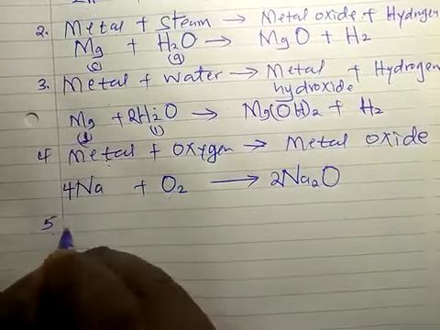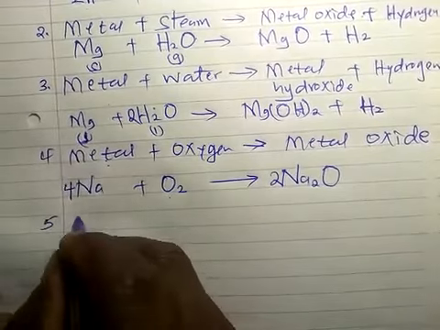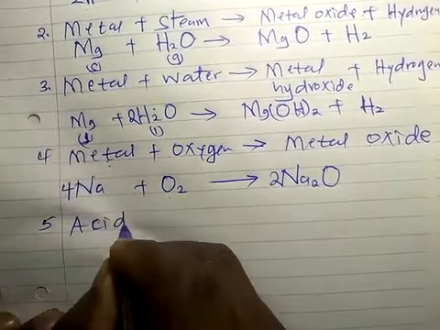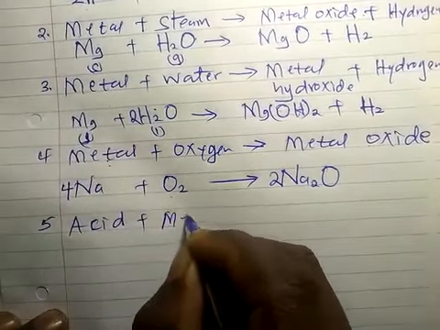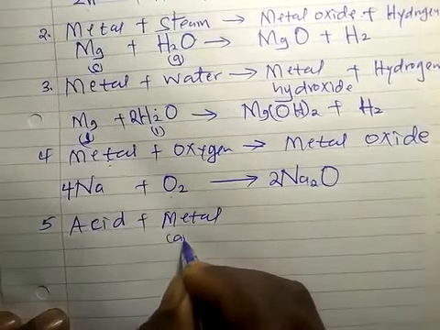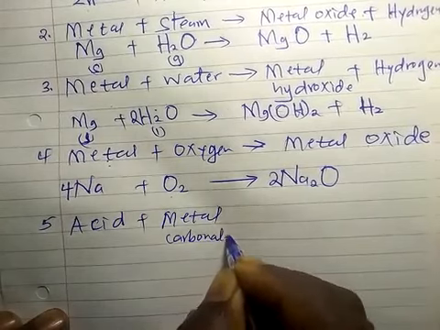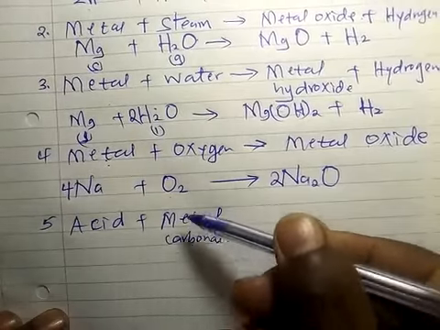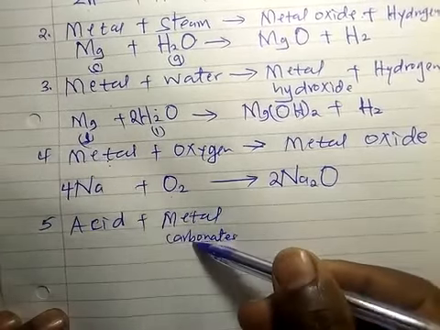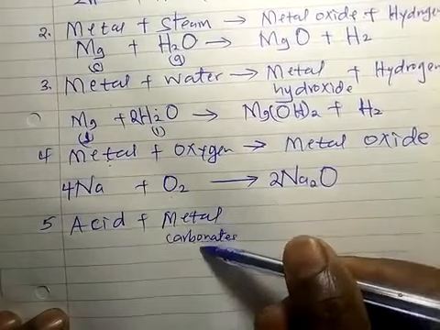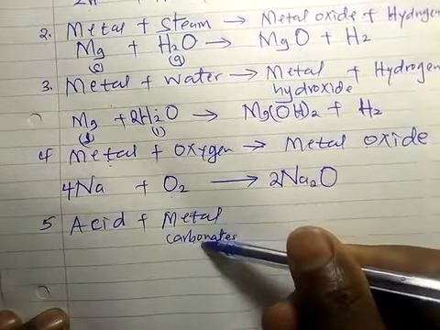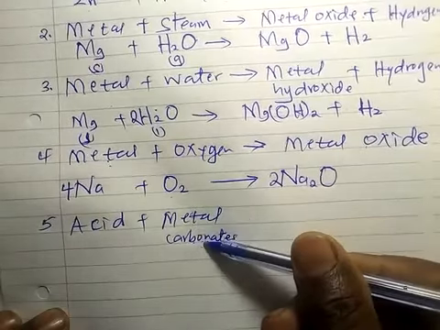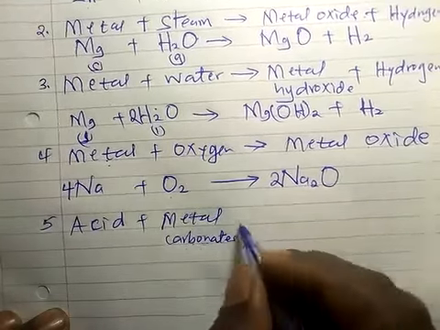Number five, you should know that an acid plus metal carbonates. A metal carbonate, an example is zinc carbonate, sodium carbonate, magnesium carbonate. That's what we call metal carbonate, because you see I'm putting a metal and then the carbonate. Magnesium carbonate, aluminium carbonate, although we don't have that.